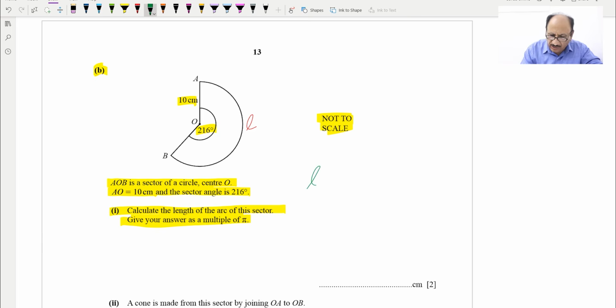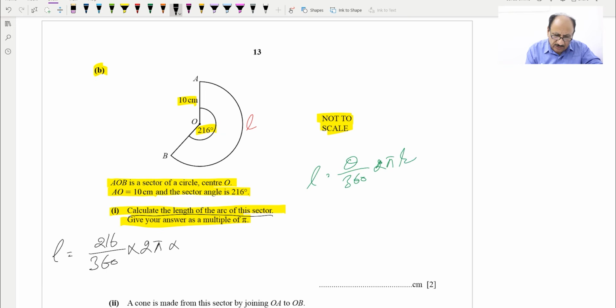So we need the length, so L is required, and we will apply the formula: L is equal to theta over 360 into 2 pi r. We can replace the values. Theta will be 216, so L is equal to 216 over 360 into 2 pi into radius 10.